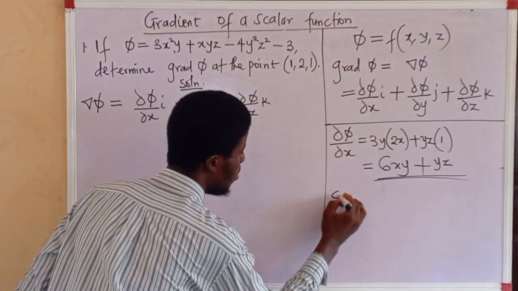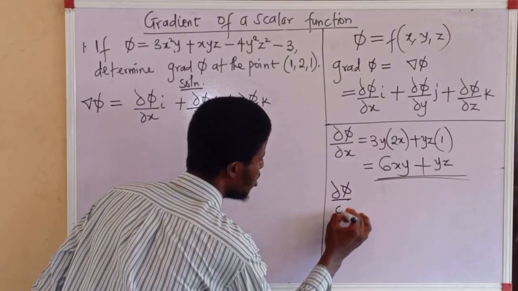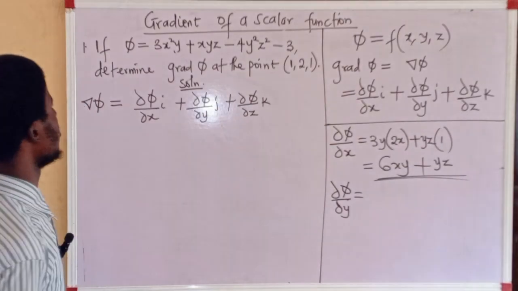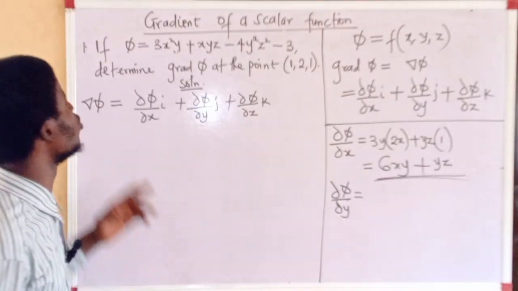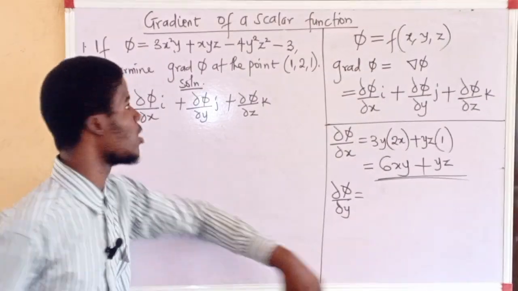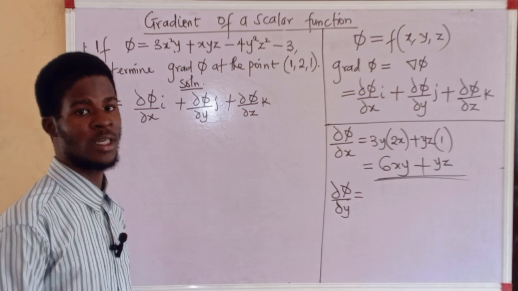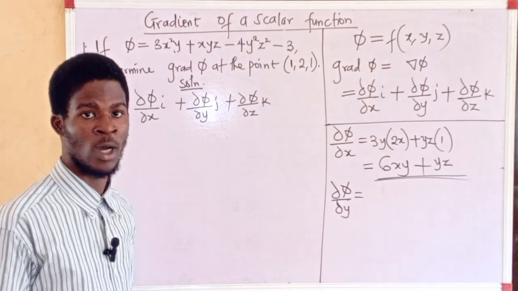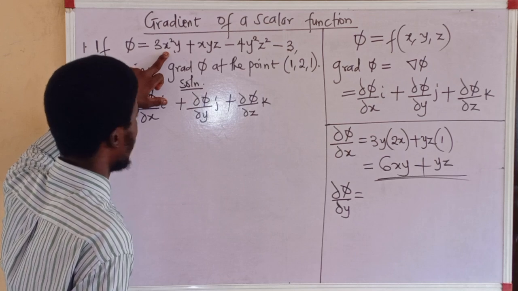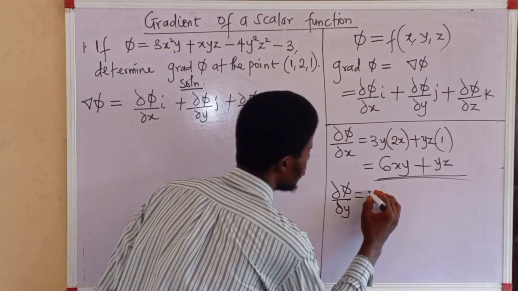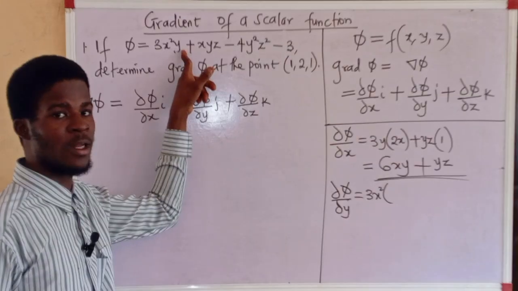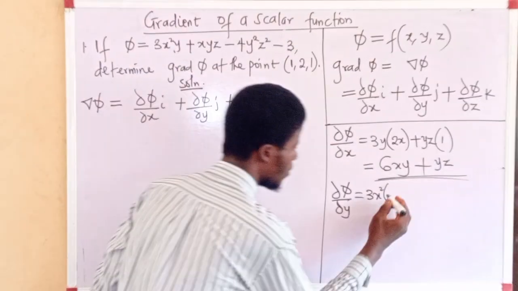Now, what is the partial derivative of phi with respect to y? That's partial phi partial y. In similar fashion, we'll treat all other variables as constants apart from y. So x and z will be taken as constants, and then we'll differentiate y. In this case, we have 3x squared y. We are going to take 3x squared as a constant, and then differentiate y with respect to y, and that will give us 1.